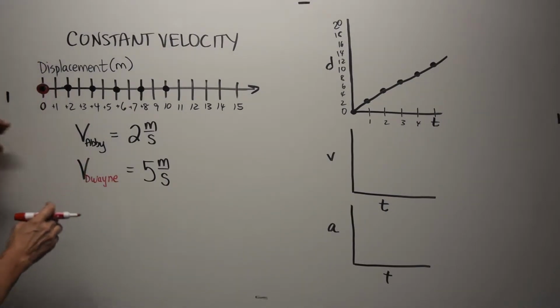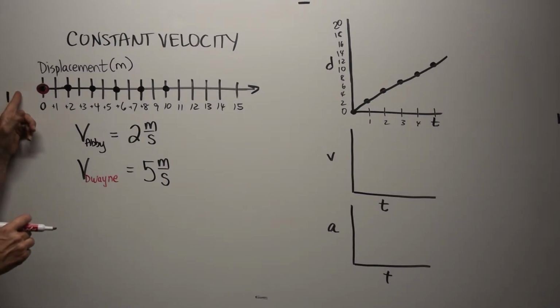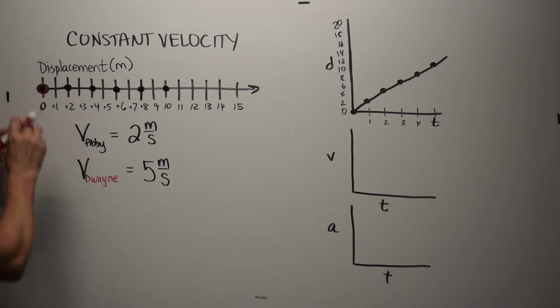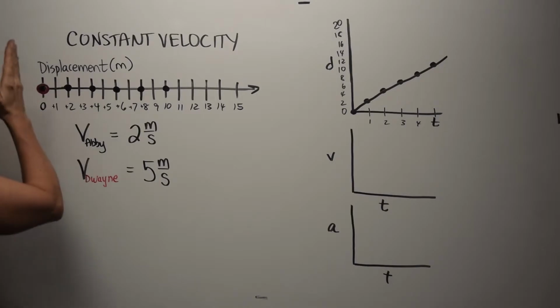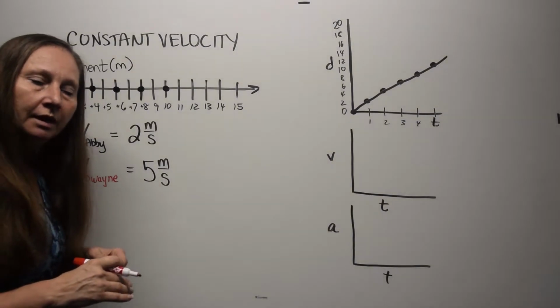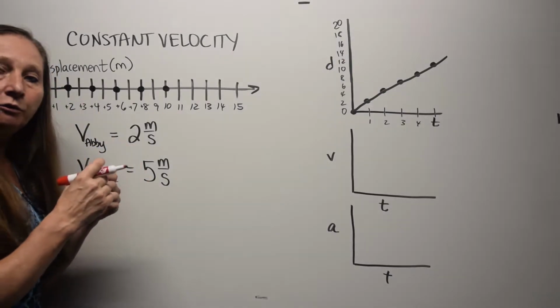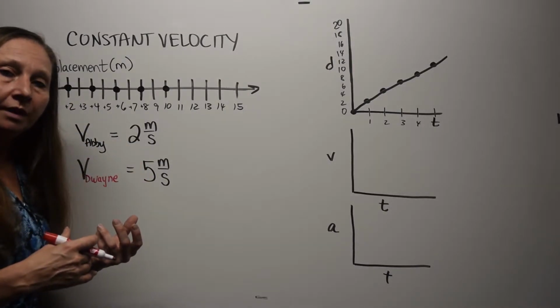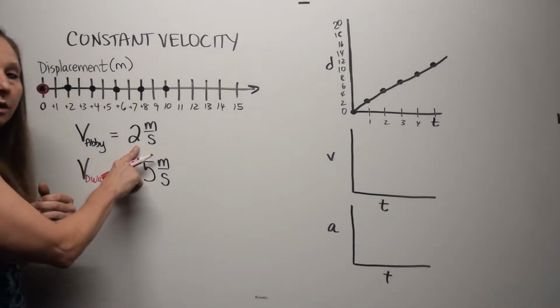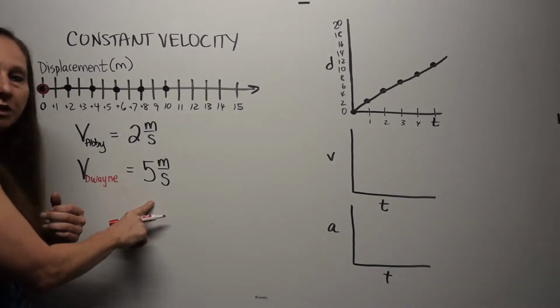Now, I should mention this also. They were both walking or running back here before they got to 0. They didn't start at 0. They were walking back here, and when they got to the 0 point, we started talking about their motion. If they started from rest at 0, then they would have to go from 0 velocity to 2 meters per second or 5 meters per second.